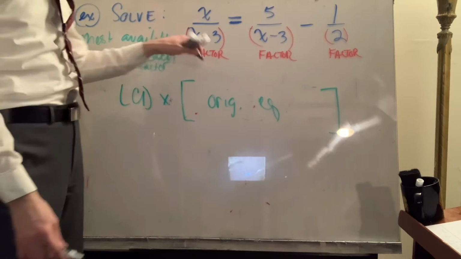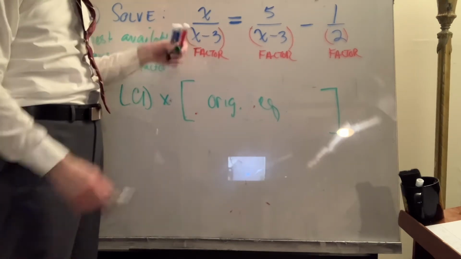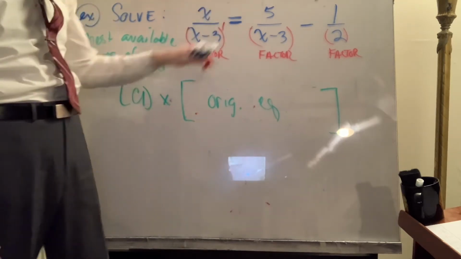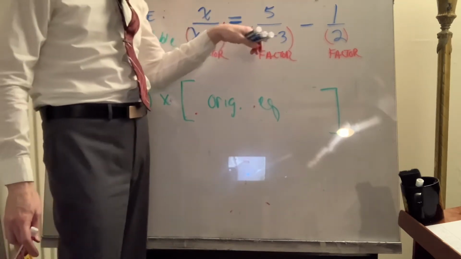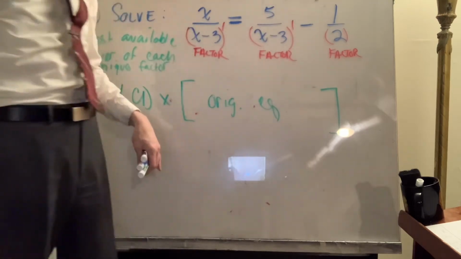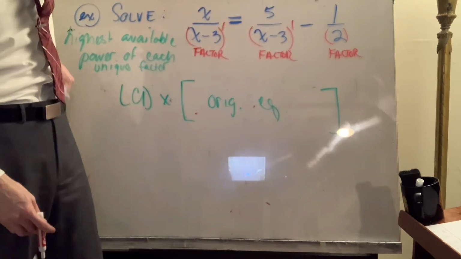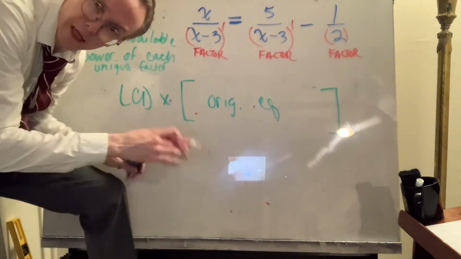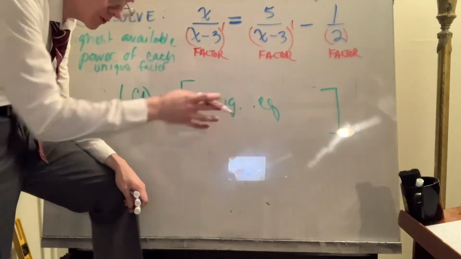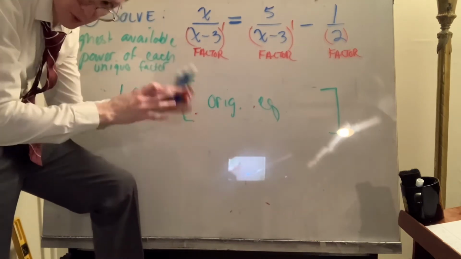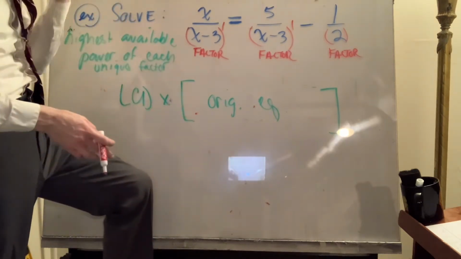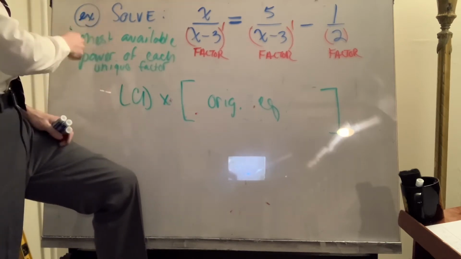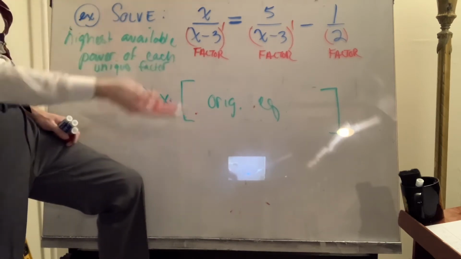All right, so if in this case the bottom factor is just x minus 3, it's degree 1, right? There's nothing there to begin with. Same thing here, it's just degree 1, right? And 2 is 2. All right, in this case we can't compare just a regular ordinary number that is a coefficient like 2 and 3 from the last problem, even brute force, to get it to be 6. So we're going to fall back on this truth here. We want the highest available power of each unique thing, all right?